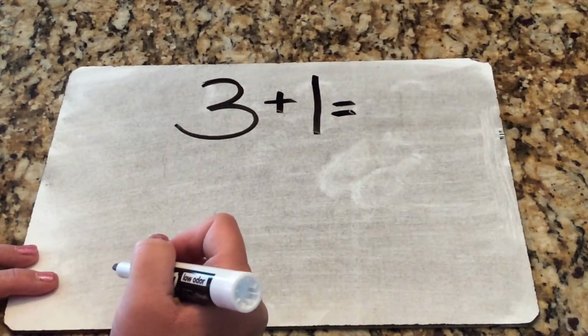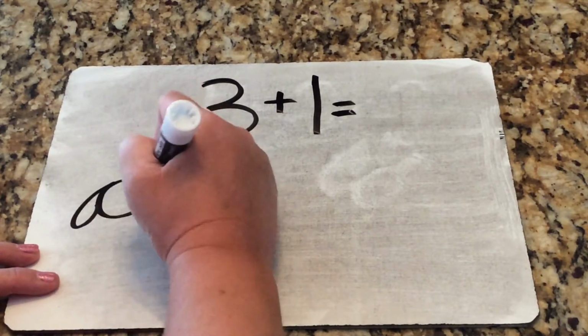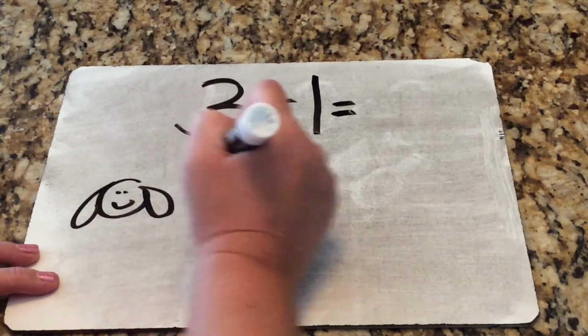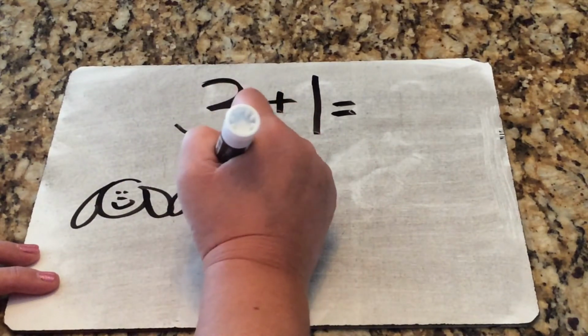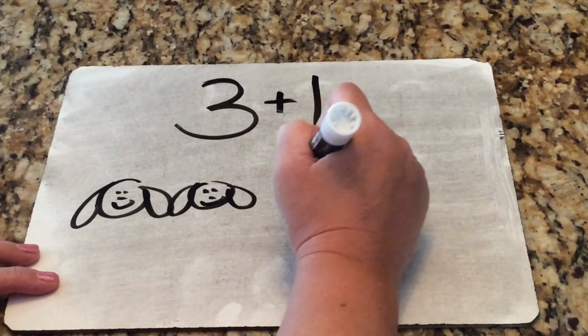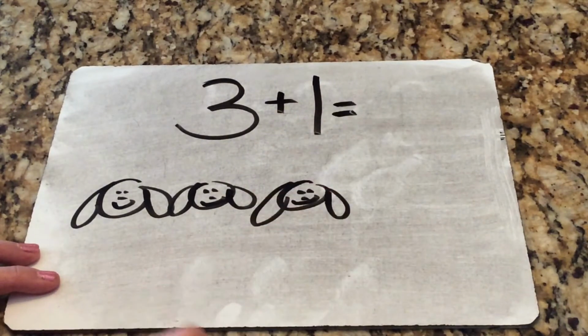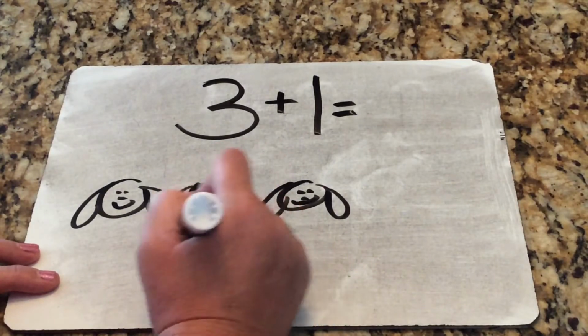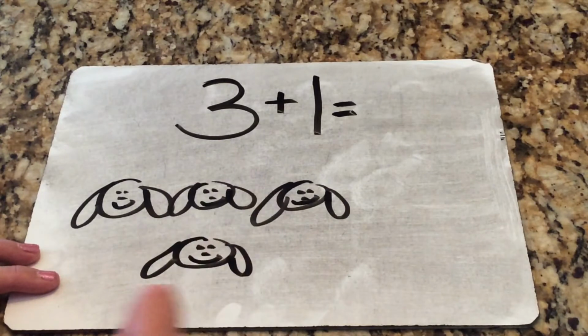Well, this is also a drawing story problem, so I'll need to draw my 3 dogs. Remember, I'm just doing quick drawings. There's my 3 dogs at the park. And then 1 more dog came and joined them at the dog park. So how many dogs in all?